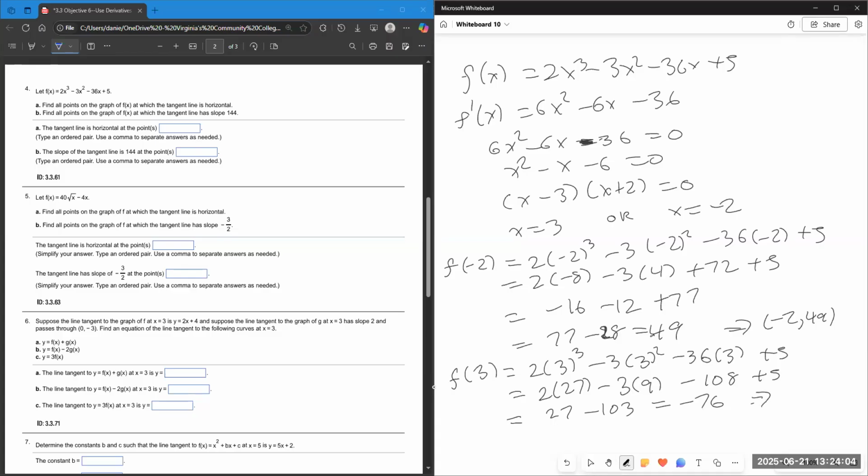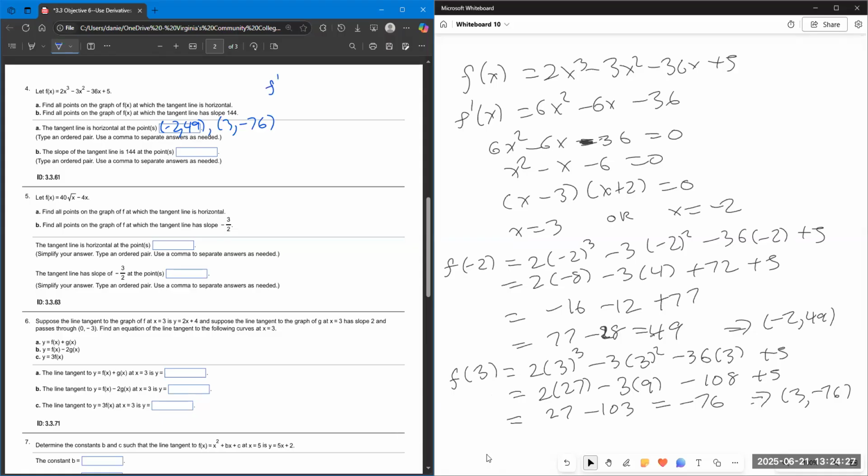So that gives me the point (3, -76). So these are (-2, 49) and (3, -76). That's just the first part here.